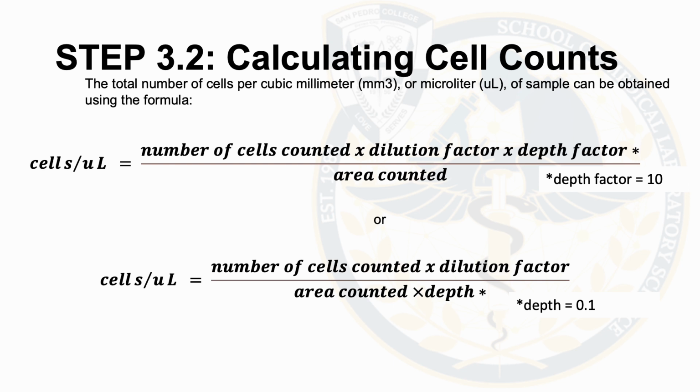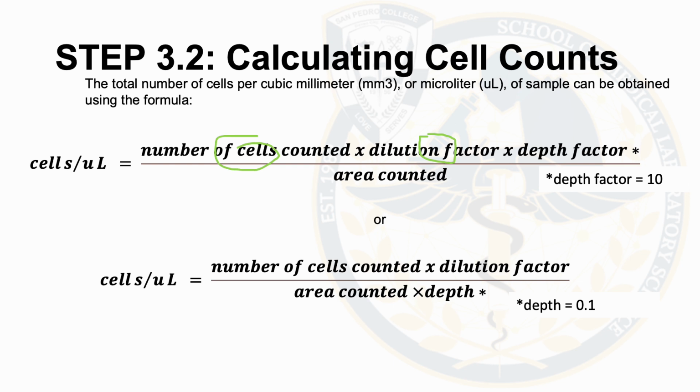In the 2 counting chambers, the one at the back and the one in front, you have to get the average, and the average is what you put here. The dilution factor, for example, for RBC is 200, right? For WBC it is 20. So, if it is WBC counting, the dilution you use is 20, but for RBC counting, 200.